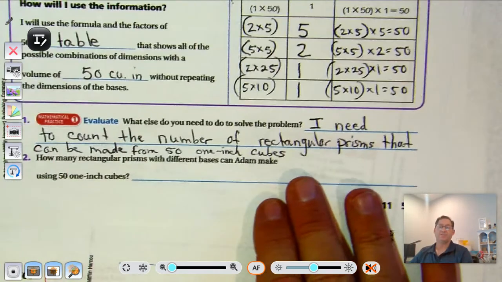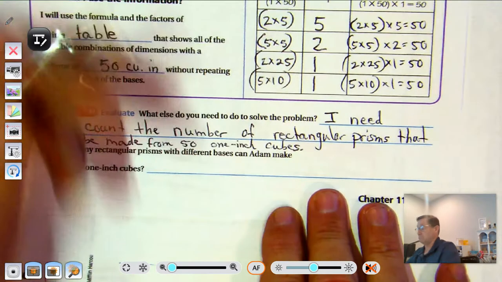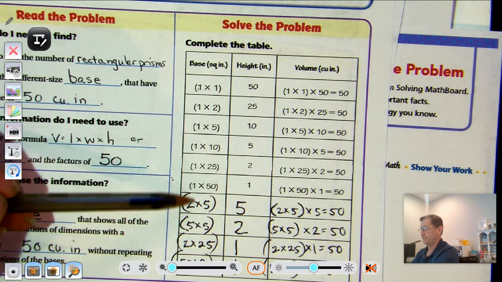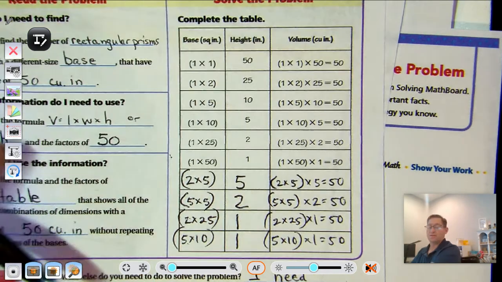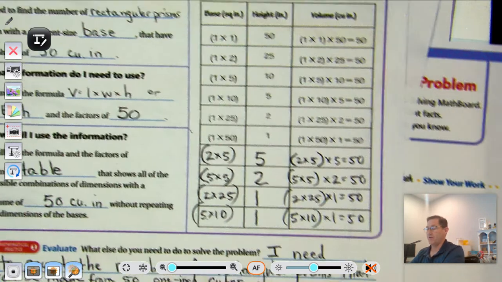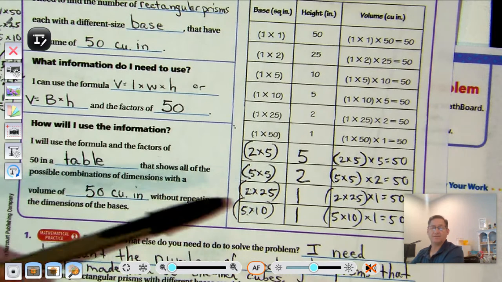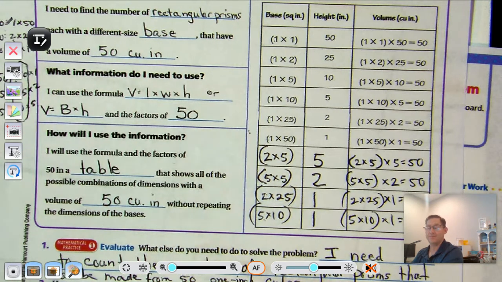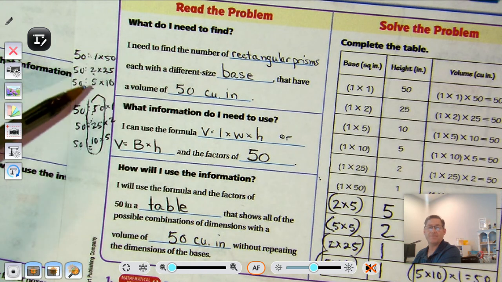So I need to count the number of rectangular prisms that can be made from 50 1-inch cubes. Well, so 1, 2, 3, 4, 5, 6, 7, 8, 9, 10. 10 different ways. So all we did was think of all the different ways I could have a volume of 50 using the different factors of 1 and 50, 2 and 25, and 5 and 10.